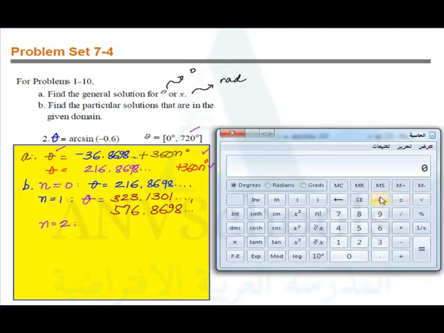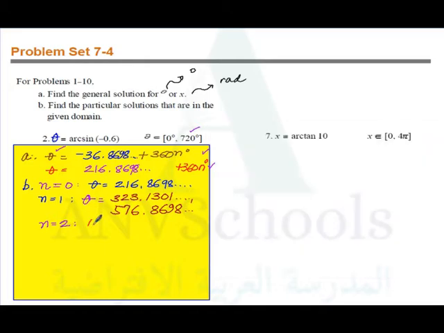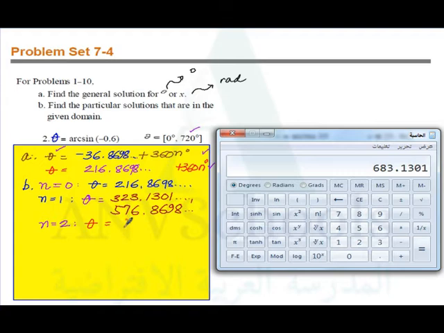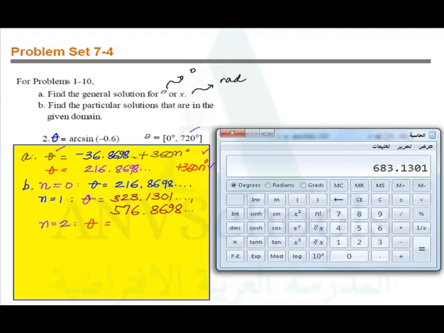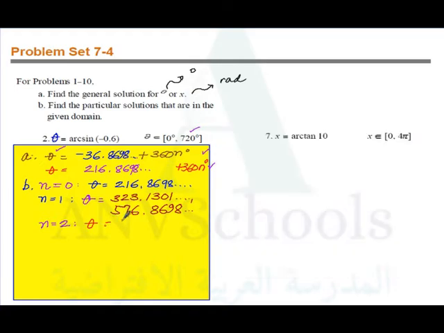How about 323? 323.1301 plus 360, we have 683. So when n is equal to 2, we have one more solution, which is theta is equal to 683.1301.